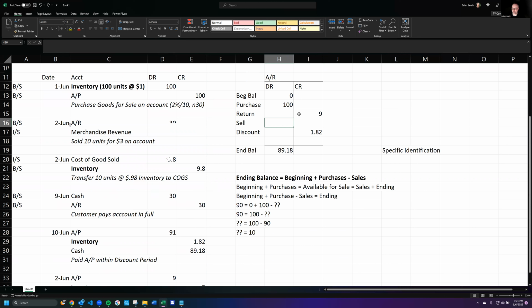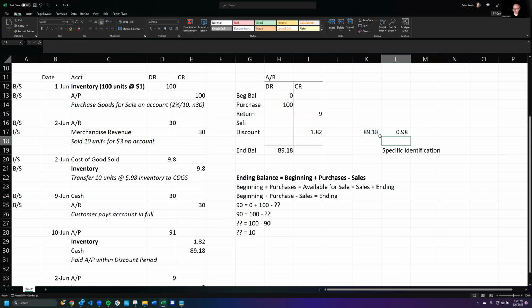Okay. So now let's just say we're doing this on an average cost. So my actual cost now is this purchase minus the return minus this discount, right? That's my cost. And my average cost is going to be this amount, 89.18, divided by my total units minus the ones that I returned.